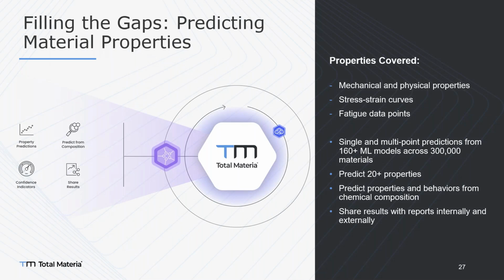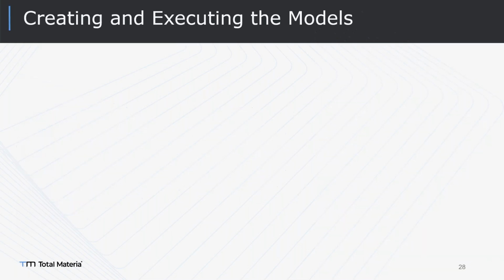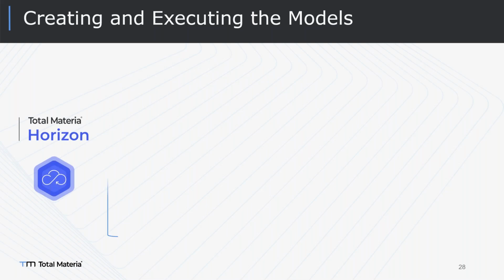Predictor can give you right now a lot of mechanical and physical properties, including stress strain curves, fatigue data points, and single and multi-point predictions from 160 ML models across 300,000 materials. You can predict 20 plus different properties, predict properties and behaviors from chemical composition if you're casting or some other operation.